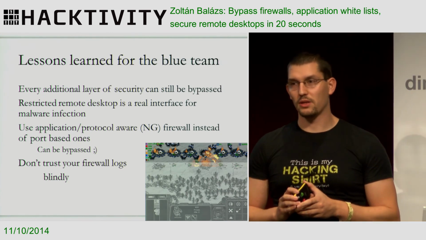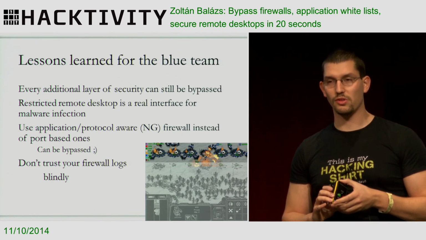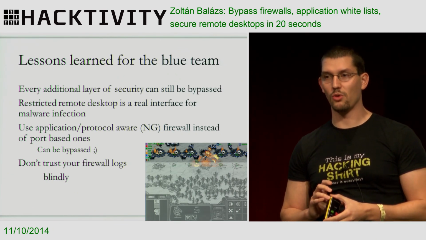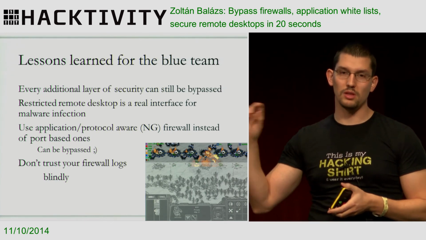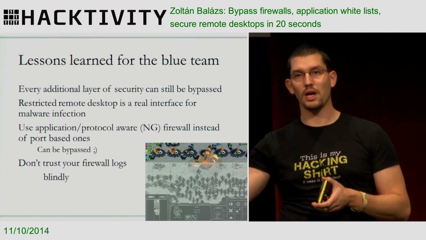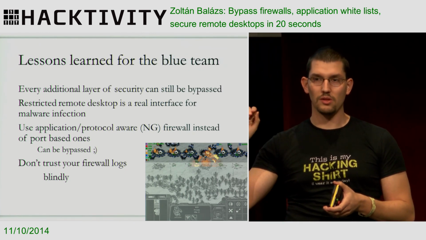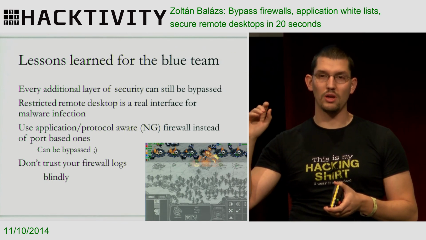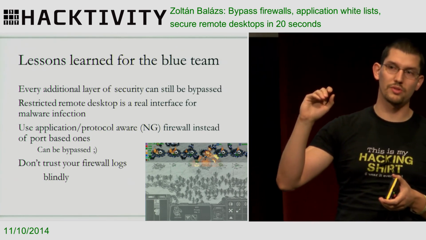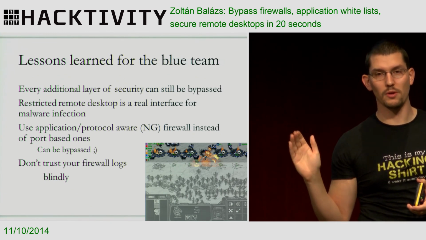If you want to protect against this particular attack, it is a good idea to use some next generation firewall which can inspect the network traffic, and it will instantly see that this network traffic is not RDP. It is something different, and I only allow RDP protocols on this port, so the next generation firewall can block that traffic.